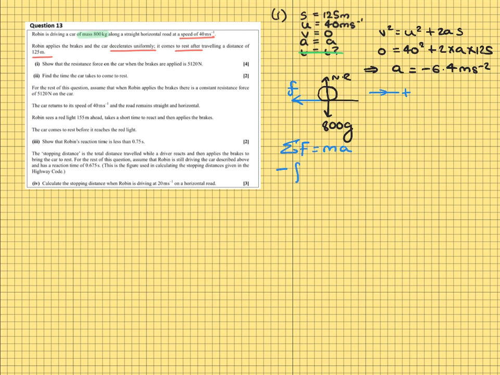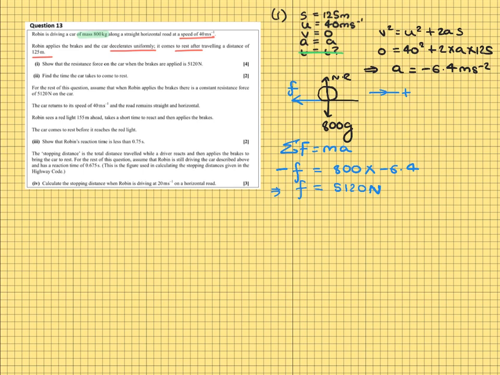So negative F is the mass, 800, multiplied by the acceleration, negative 6.4, which gives us our force value as 5,120 newtons.